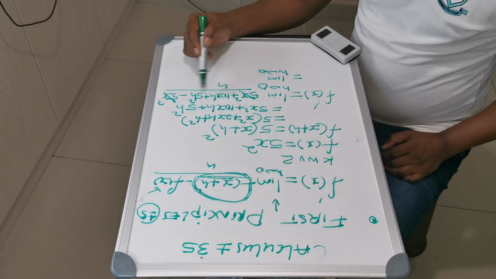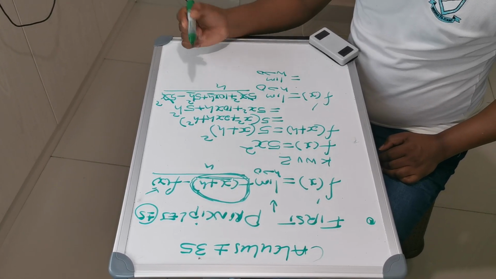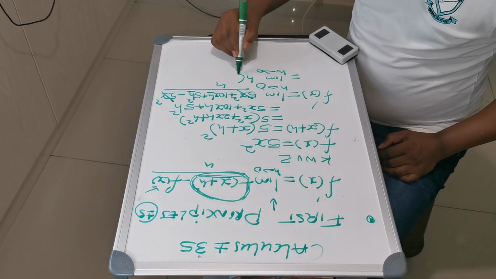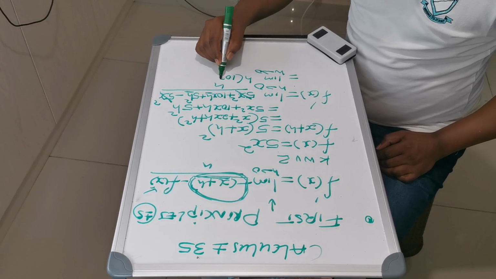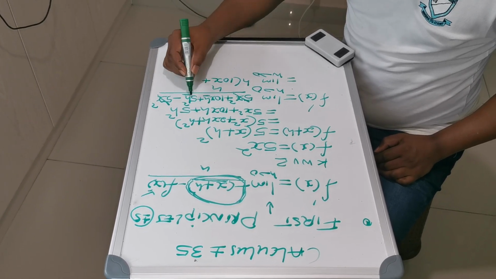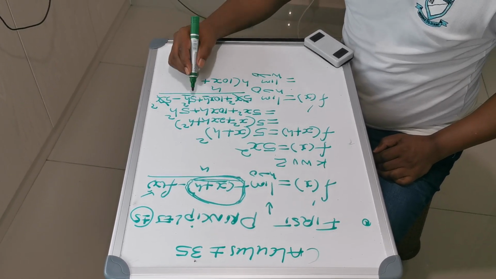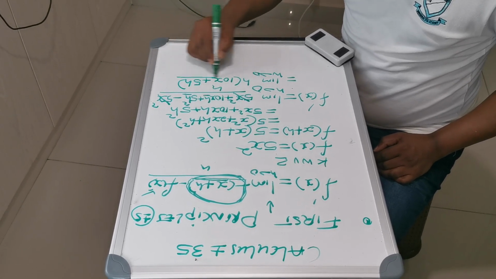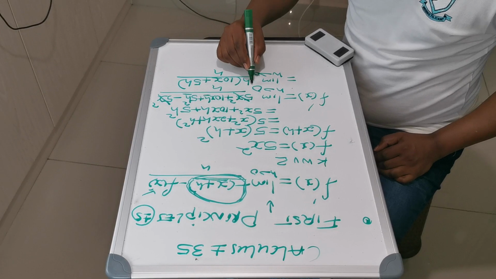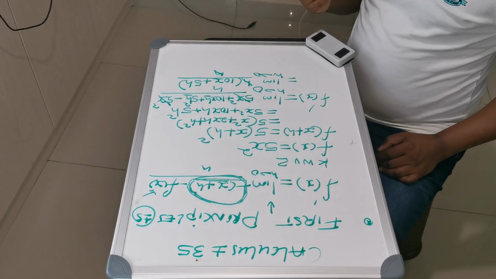Then from here there is something common. You can see h here is common. You take out h as a common factor. Obviously you are left with 10x. And again, this is 5h squared. If you take out h there, you're left with 5h all over h. Obviously h will cancel.